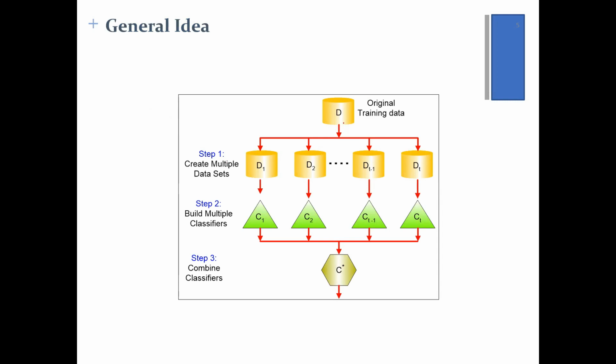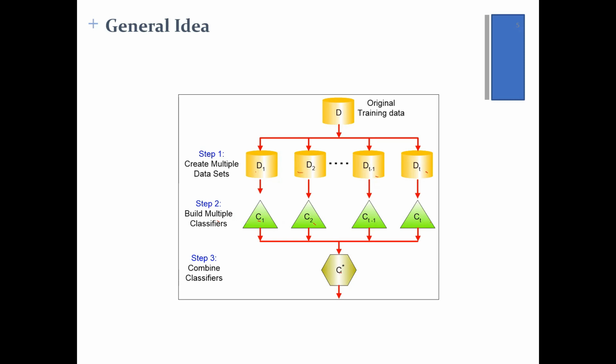So you have your data set there. This same data set, you are going to use it. You can break it down and create multiple data sets, and build multiple classifiers, C1, C2, up to CT, as many as possible. In some applications, you might need to build like 255 individual classifiers.